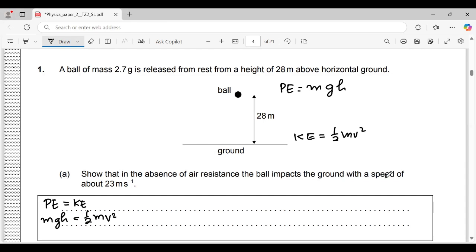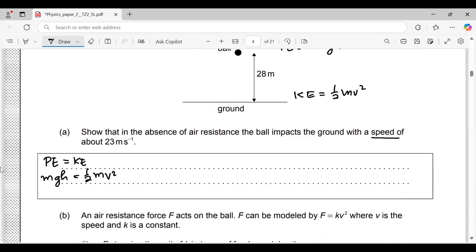Now we are going to find the speed of about 20 meters per second. It means we are going to find v. So if v is the subject, this formula becomes 2 times mgh over m.